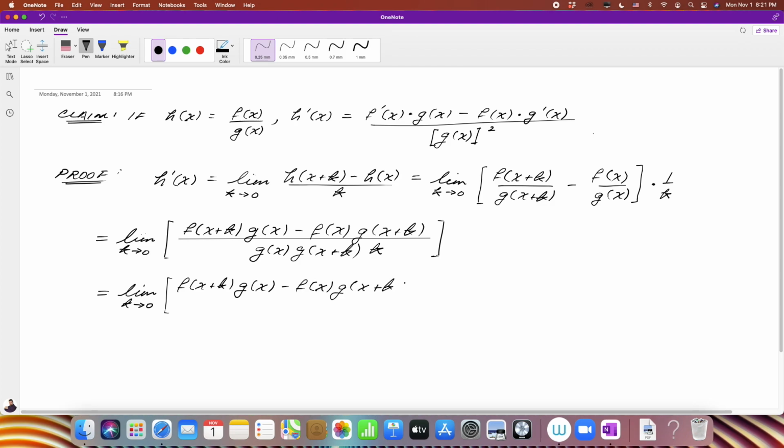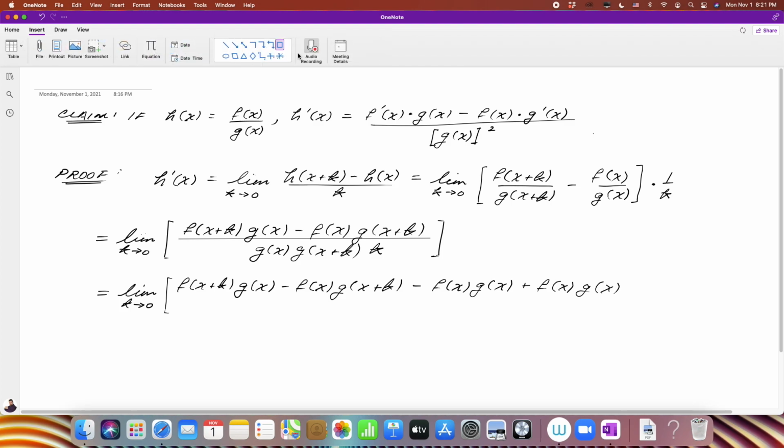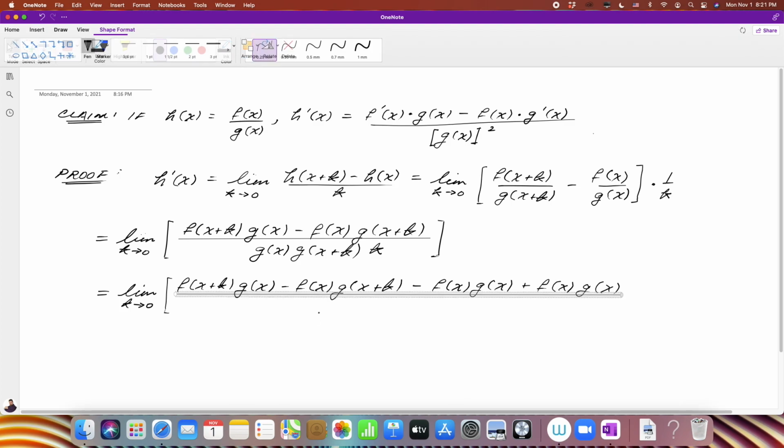And now, just in the numerator part, we're going to subtract off f of x, g of x, and we're going to add it right back on. Not affecting the equivalence. Still just as equivalent now as it was before. This is just like adding 0.